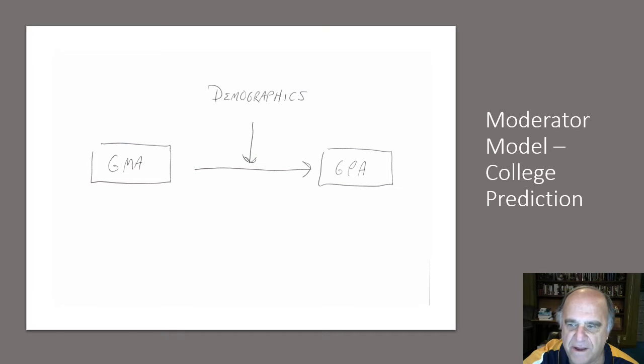A more common one was this, predicting college performance or GPA from general mental ability, where the interaction involves demographics, which here clearly is a moderator. So we have demographic variables such as race, sex, age, and those interact with general mental ability to predict GPA. And the interaction here is more clearly a moderation, where the demographic variable changes the relationship between GMA and GPA.